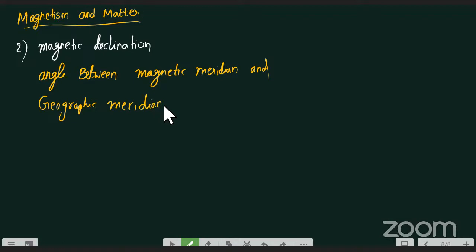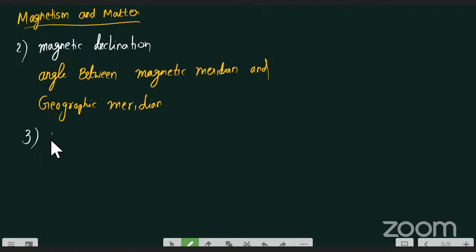I hope you will remember this. Don't get confused with magnetic declination and magnetic inclination. What is the statement for magnetic declination? The angle between the geographical meridian and magnetic meridian is called as what? Magnetic declination.